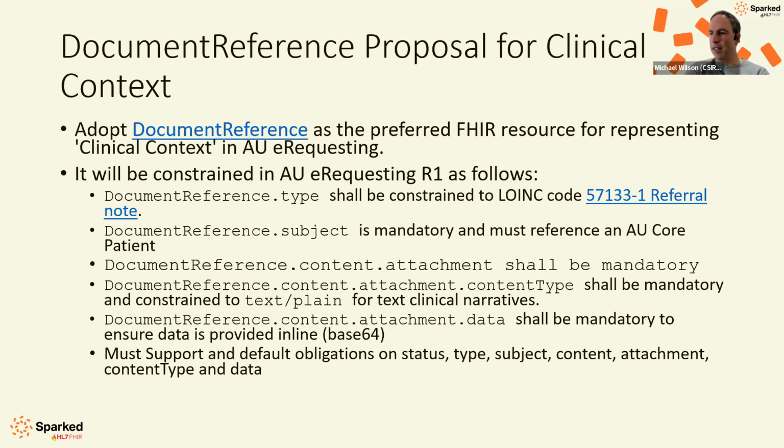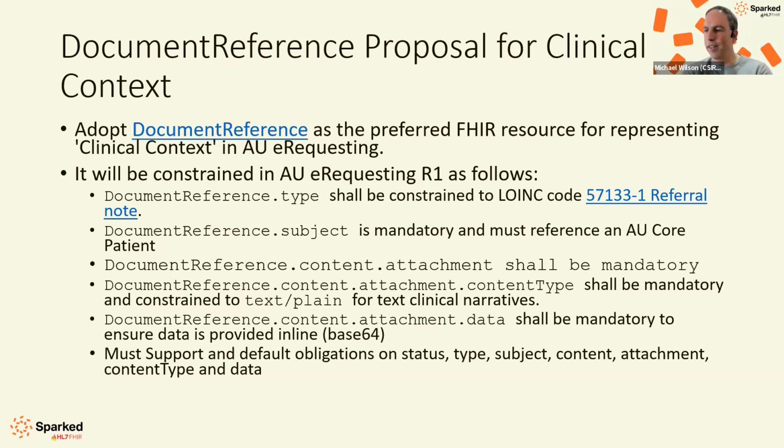So we would make the document reference content attachment mandatory. What that's saying is that you have to provide an attachment. We would constrain the attachment content type to text plain. So you can't attach a PDF, you can't attach a JPEG.